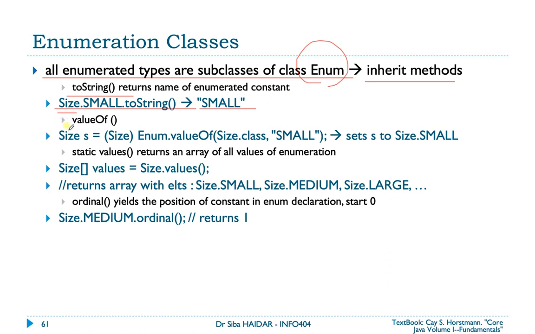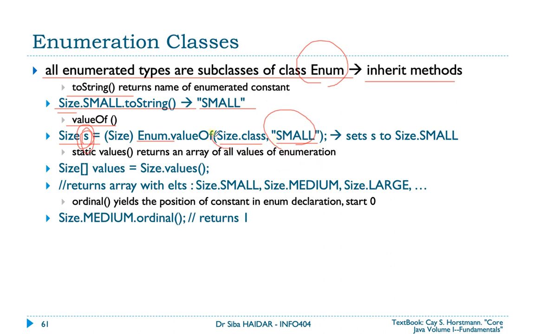And you can also use the valueOf method. The valueOf method will be used, for example, like this. You declare an object reference s of type Size, and then you call the valueOf method of the class Enum, which is a static method, and to which you will give two parameters. The first one is which class you want to have this value from, and the second one is the value of the string you want to have.